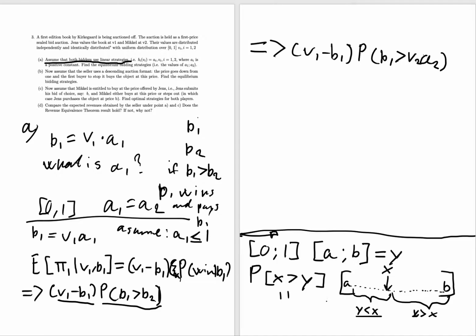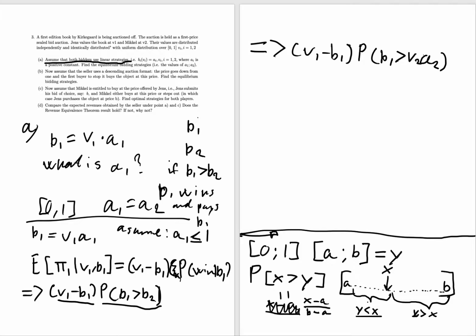So we're just going to say this is equal to, and then we're going to take the distance between A and X. So we have X minus A, and we're going to divide this, oh, I'm running out of space, so we're just going to put it over here, X minus A, and we're going to divide this by B minus A. And that is it.